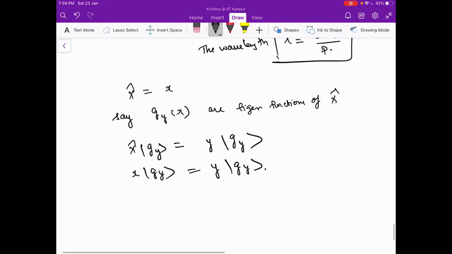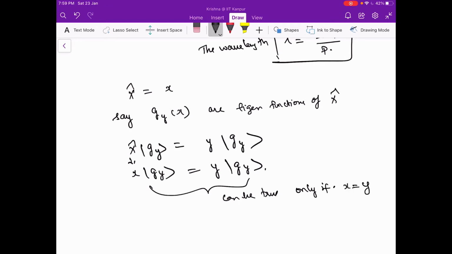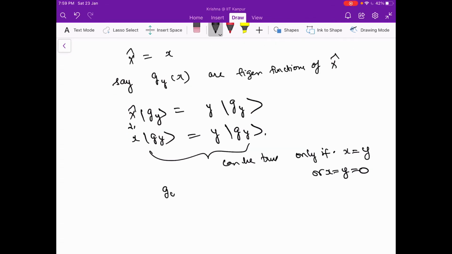This is the original definition of the operator, and this can be true only if x equal to y. So the only solution for gy is a delta of x minus y.